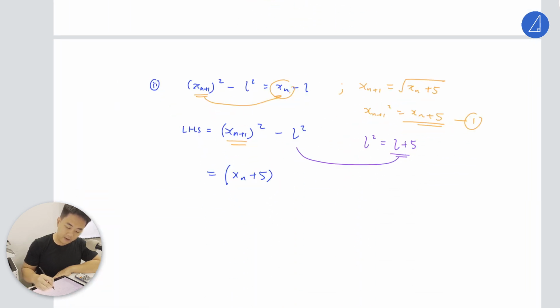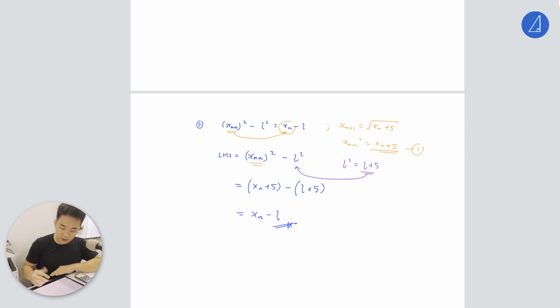So this guy will be xn plus 5 minus (L plus 5). It is okay. This is just basically treasure hunting, just go and look for the things that you want. So this is the right hand side.